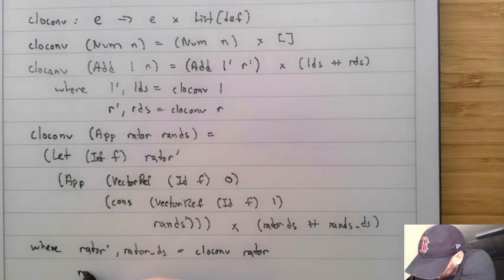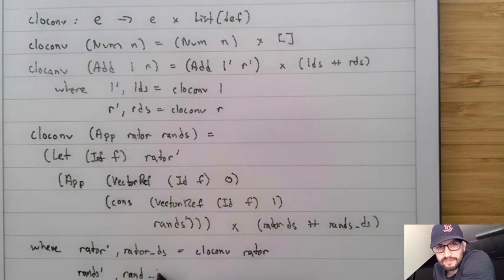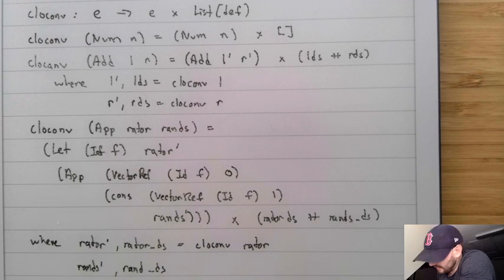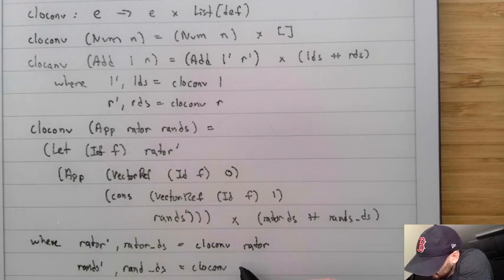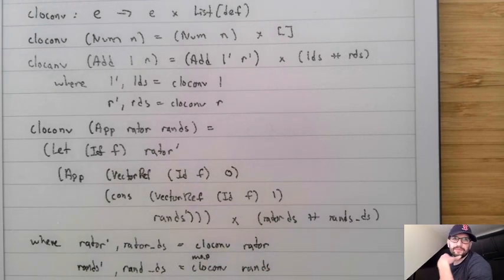And the new rands and the rands definitions is what you get when you call closure convert on the operands. And of course, we have to map this, because we're going across all of them.